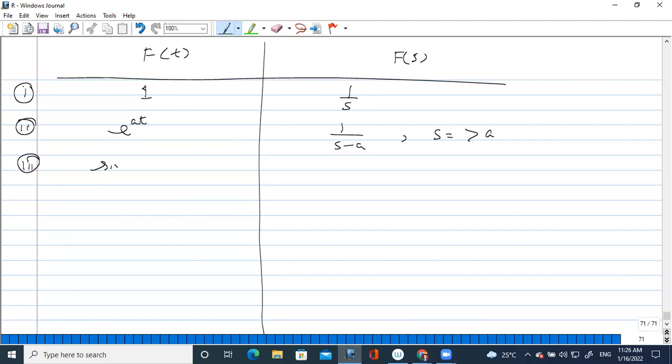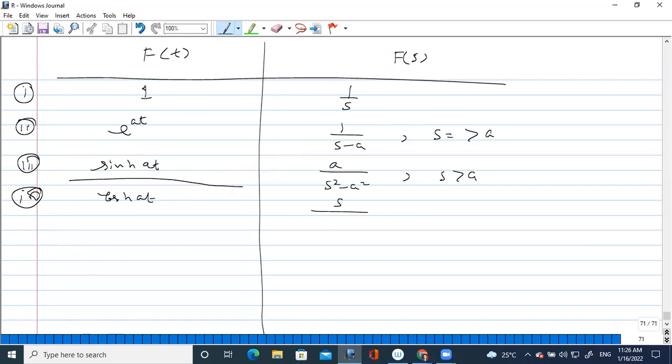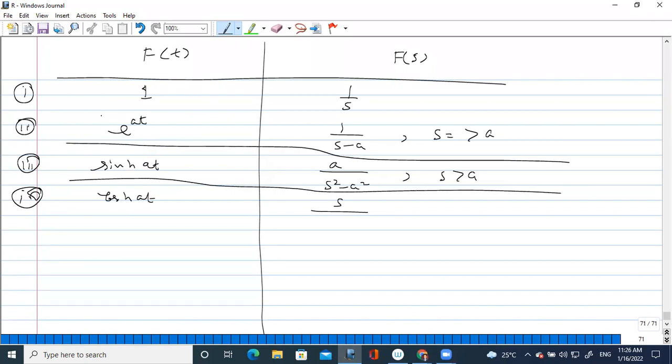Then we have done sine hyperbolic at. For that, a divided by s square minus a square. Here also s should be greater than a. Number 4, I told you that you can solve, cos hyperbolic at. In cos hyperbolic at, in the numerator s will be there. So it will be s upon s square minus a square.